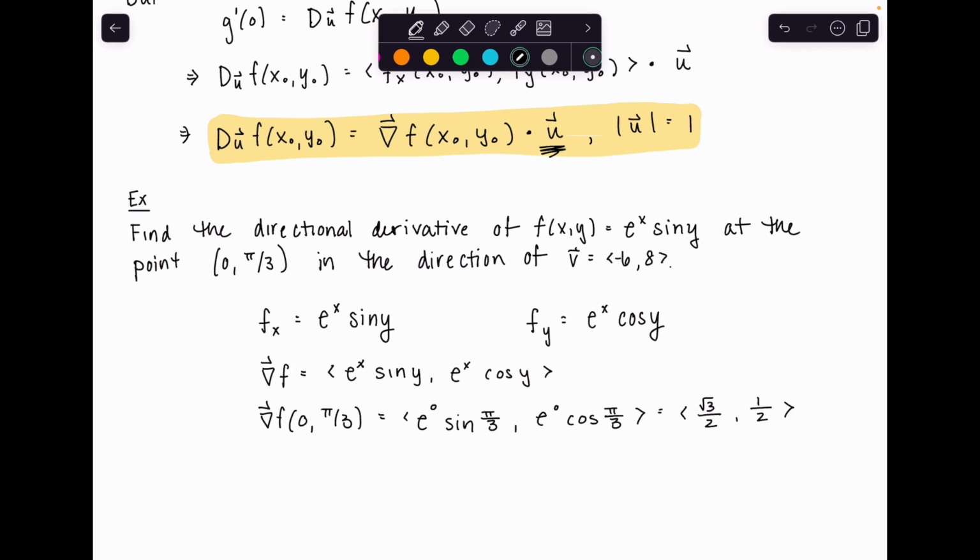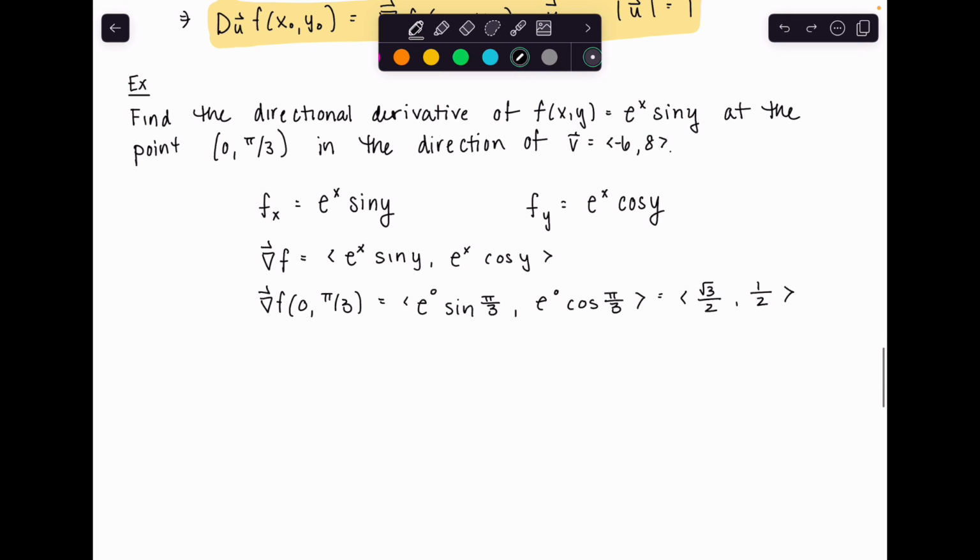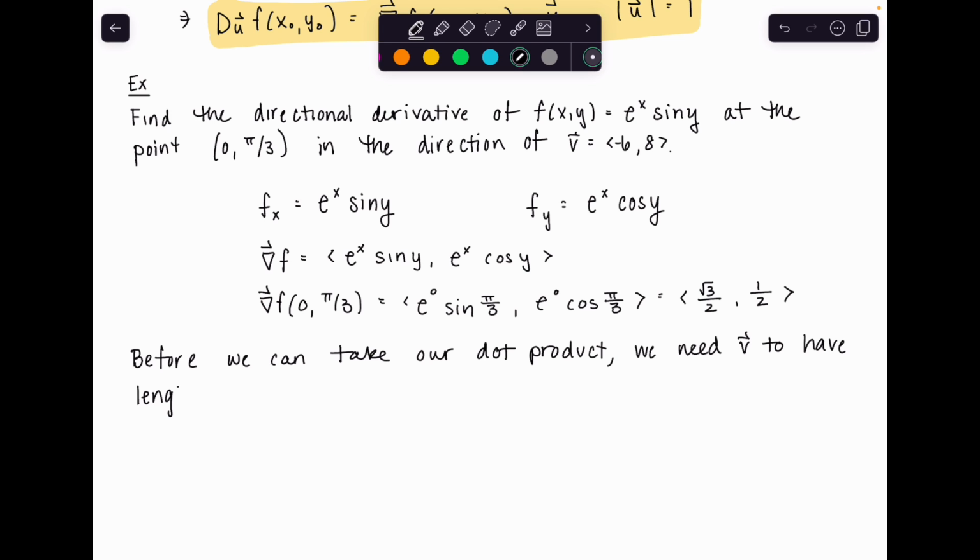Now the second thing I need to do is dot product this with u. However, the vector I'm given is not a unit vector. So before we can actually take our dot product, we need v to have length 1. But currently it doesn't.